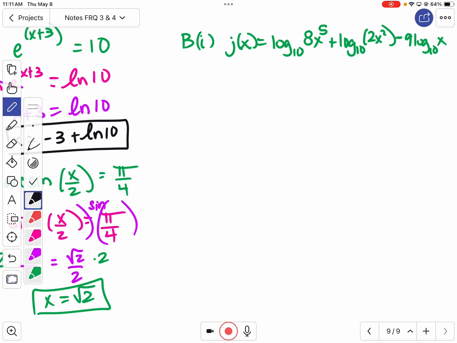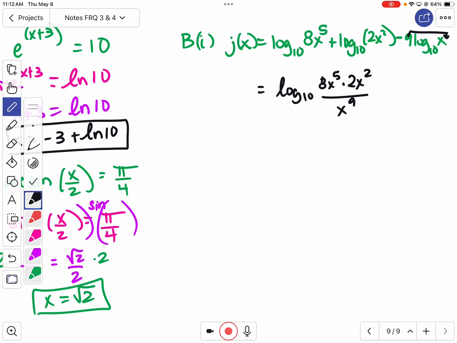The first thing I notice is I could pull that 9 up as an exponent. For the ones being added, I'm going to multiply them, so it gives me 8x to the 5th times 2x squared. And for the one that's minus, I divide, and it would be x to the 9th. So you could do all that in one step.